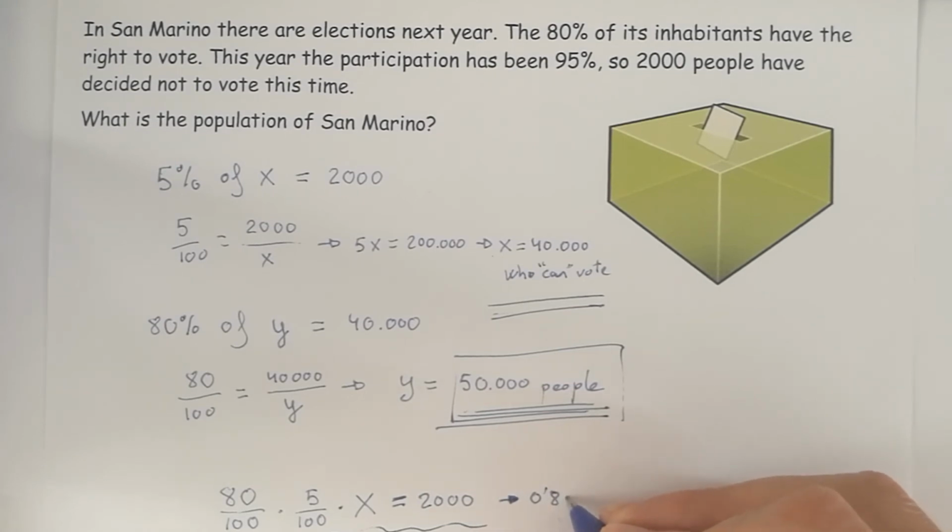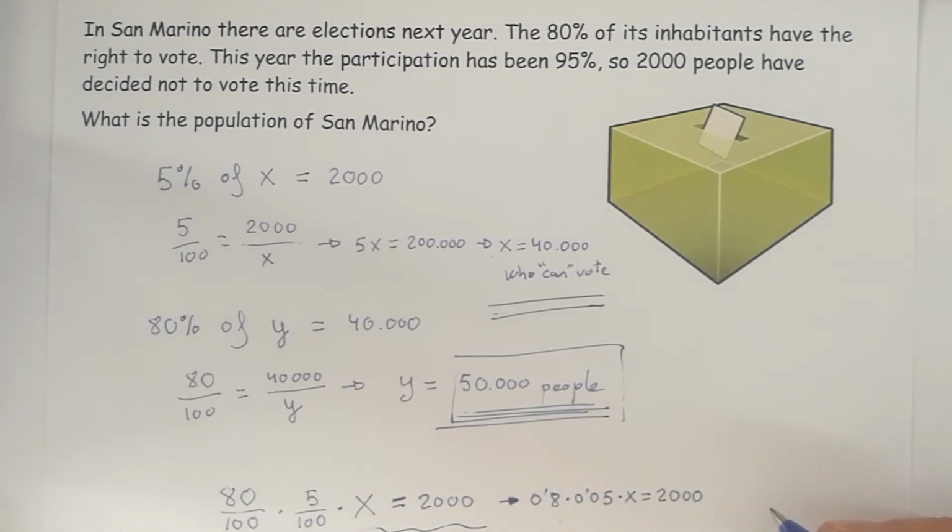This is like one equation, or maybe you write it in decimal form: 0.8 times 0.05 of x is the same as 2,000 people. In the end, it is like we apply a 4%, one percentage after the other, we get 0.04 times x.